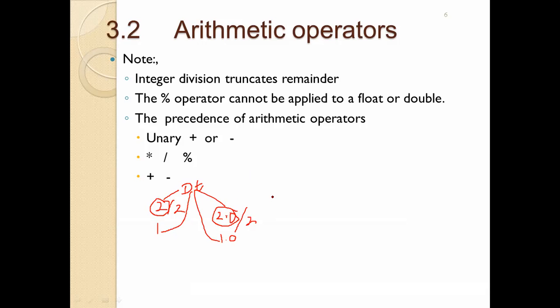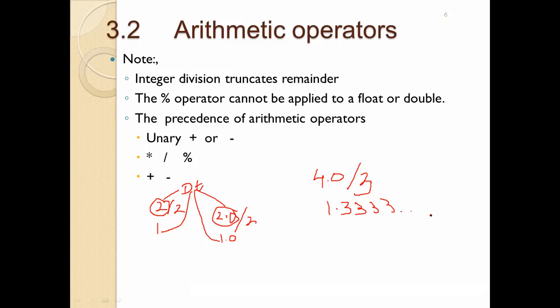Okay. Say for example, if I write 4.0 divided by 2, the result will be 2.0. But if I make it 4.0 divided by 3, so 3 ones are 3, 3 3s are 9, and likewise it continues.